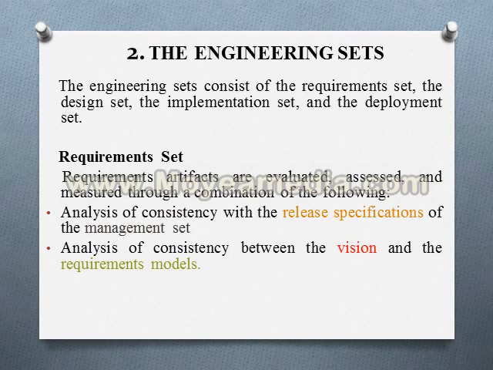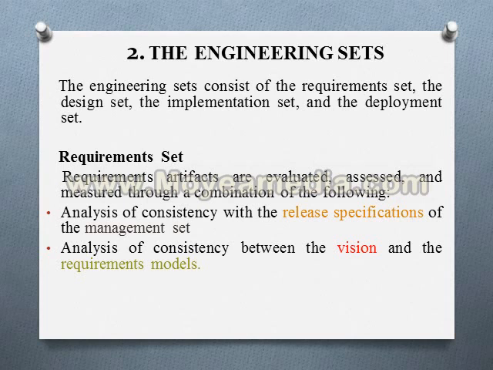After that we will go on to the engineering sets. The management set already defines the different artifacts based on the stakeholder. Now we have the second set, the engineering set, which has 4 points that I already told.